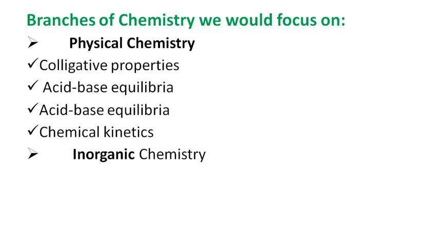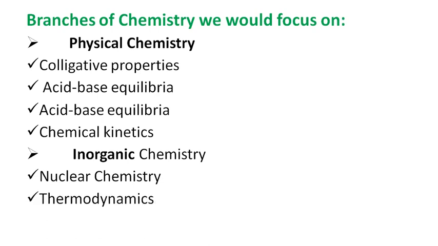Now, when you talk about inorganic chemistry, what are the contents? In that we have nuclear chemistry. We have thermodynamics, which we have in physics as well as in chemistry, but here we will be talking about the combinations of substances, the breaking and making, and where we can make use of inorganic chemistry.